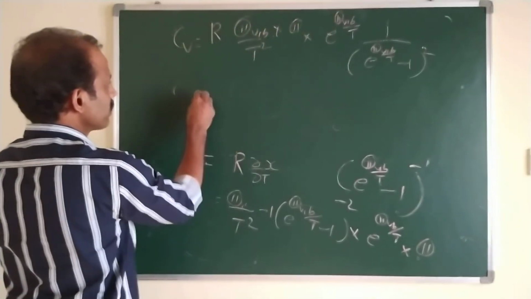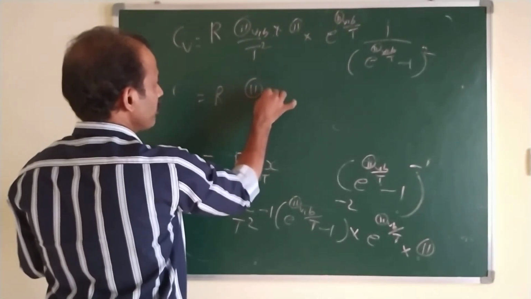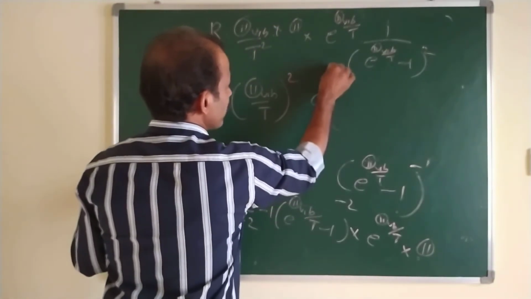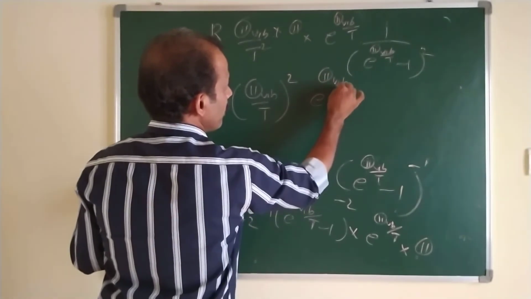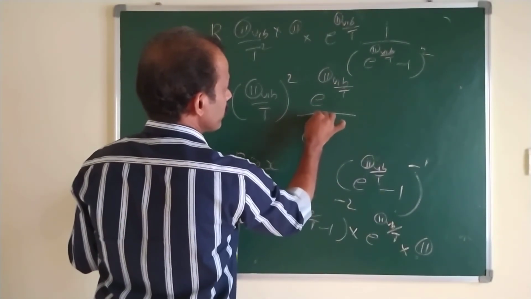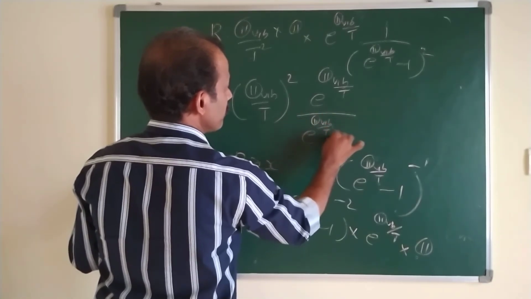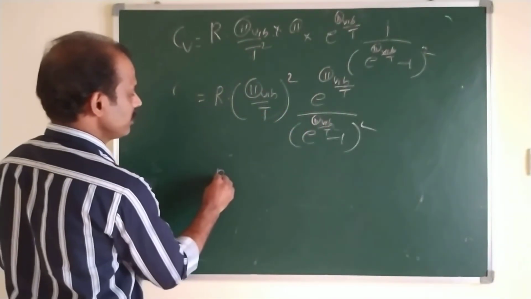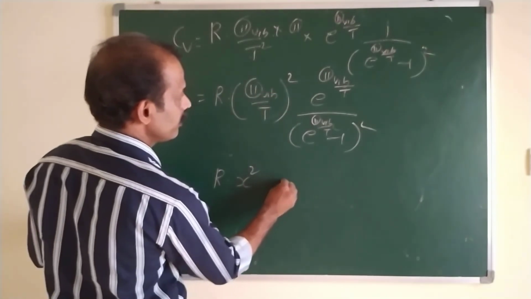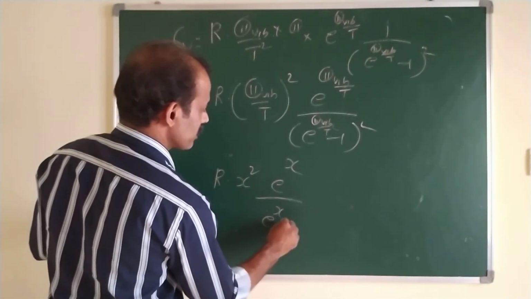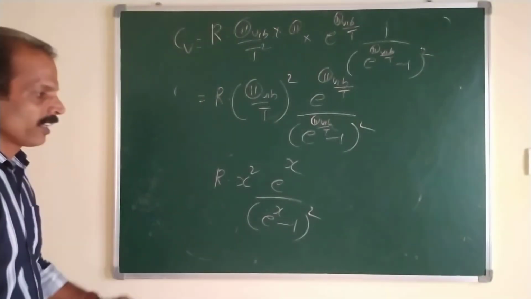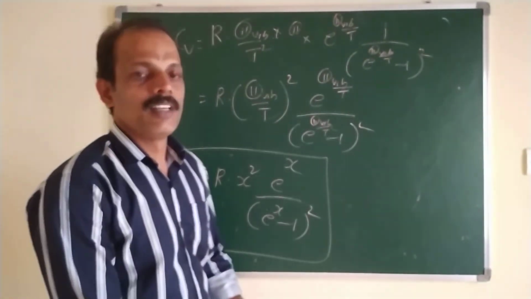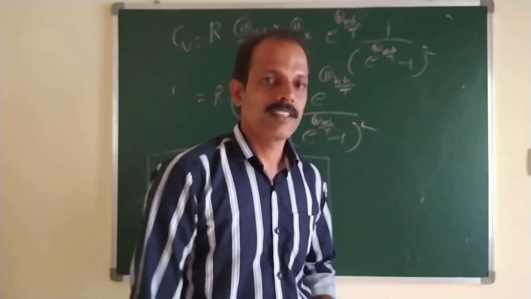So this and this, we get R into theta vibration by T, whole square, e raised to theta vibration by T divided by e raised to theta vibration by T minus 1, whole square. If we put it in terms of x, it is equal to R into x square into e raised to x by e raised to x minus 1, whole square. That is the equation for CV in terms of the vibrational partition function.